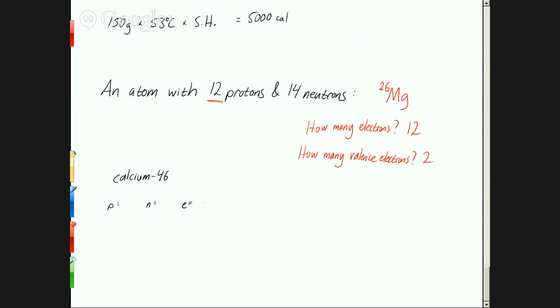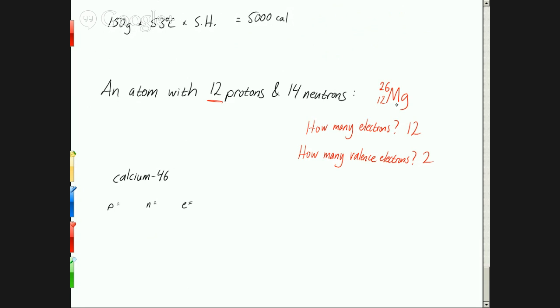I have a quick question regarding the last question. After magnesium-26, do you write the number of electrons underneath the 26? No, but sometimes you write the atomic number down here, which is also the number of electrons. It's redundant because magnesium already tells you it's 12.